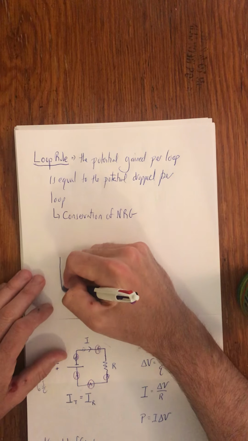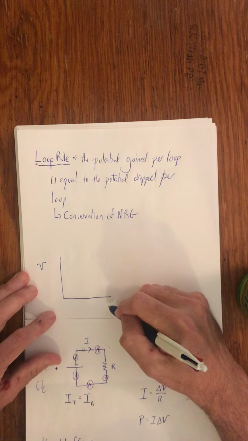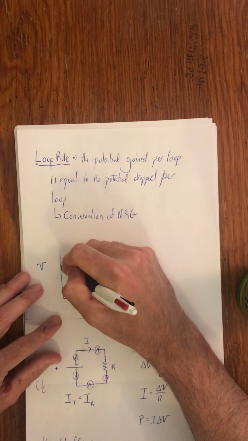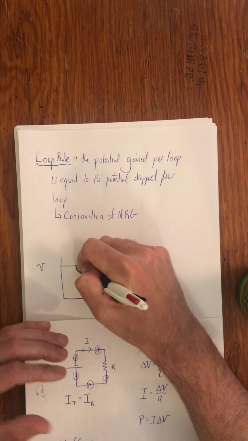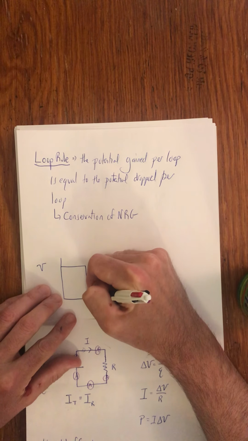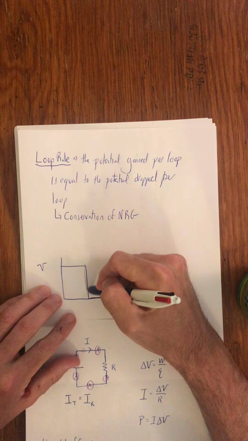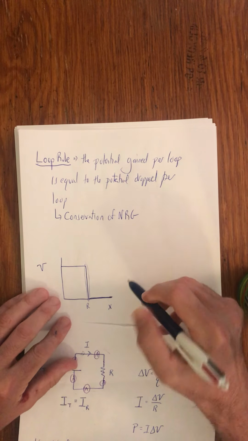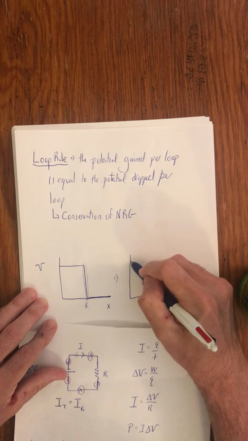If I were to graph the potential that a given charge had versus position over the wire, what I would want in a perfect world would be something like this, where it has a certain potential and it drops it off when it gets to the resistor, and then it has 0 potential, gets back to the battery.